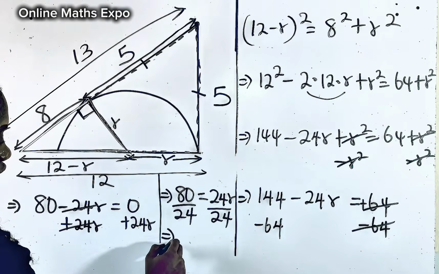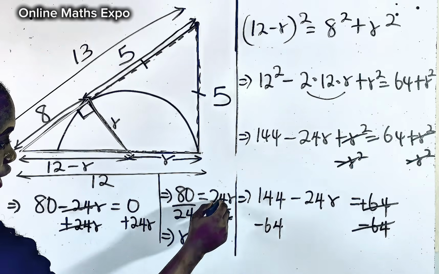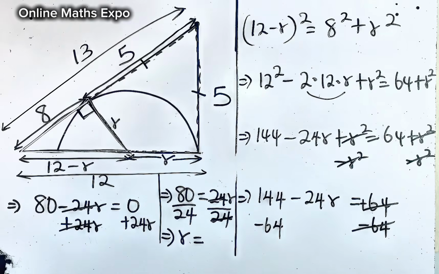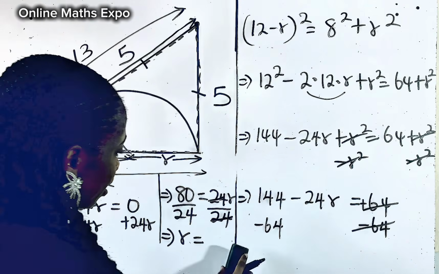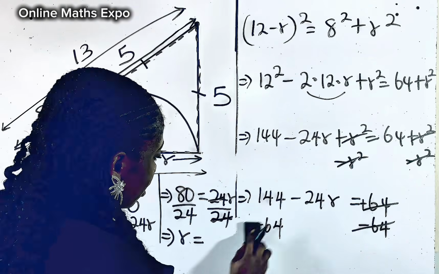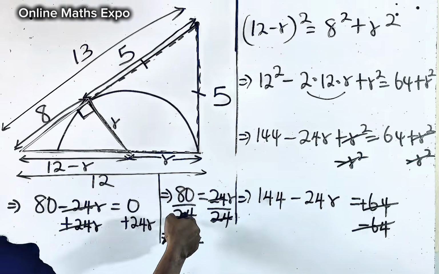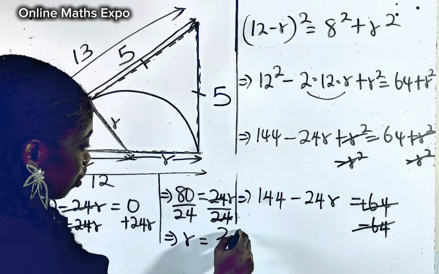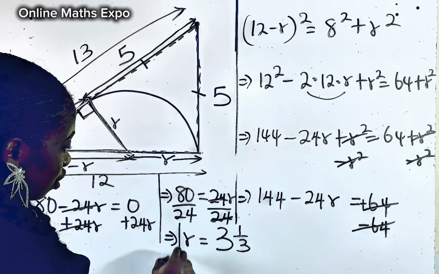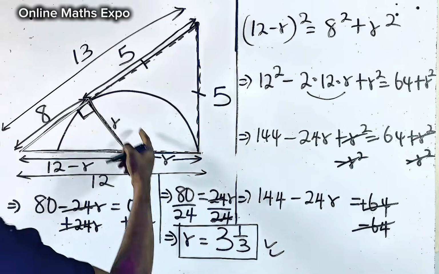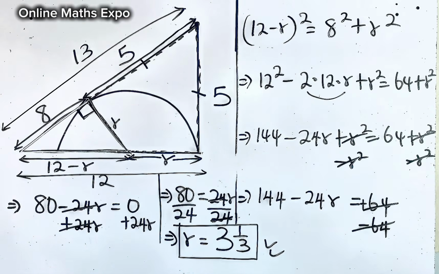When you do that, r is 80 over 24. Divide this, it gives us 3 wholes and 1/3. And that is what we have for the radius of this particular semicircle.